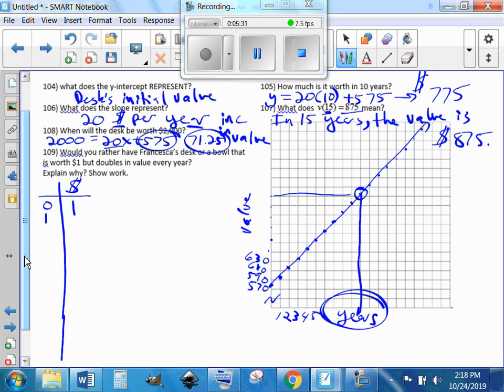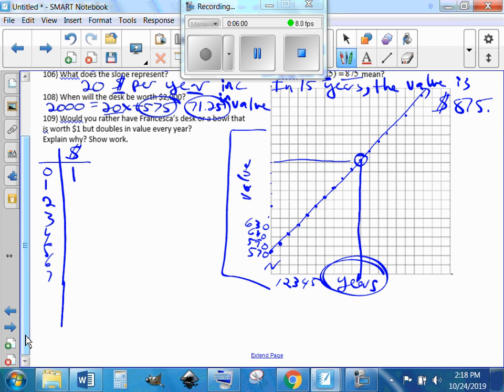Okay, and then see how much that 1 increases and ask ourselves, is this $1 going to increase quick enough to make it worth more than this well-priced desk? Because right now, in 10 years, the desk is worth 875. So we want to see, is this 1 ever going to catch up in a reasonable amount of time or no? So 1, 2, 3, 4, 5, 6, 7, 8, 9, 10, 11, 12 years.